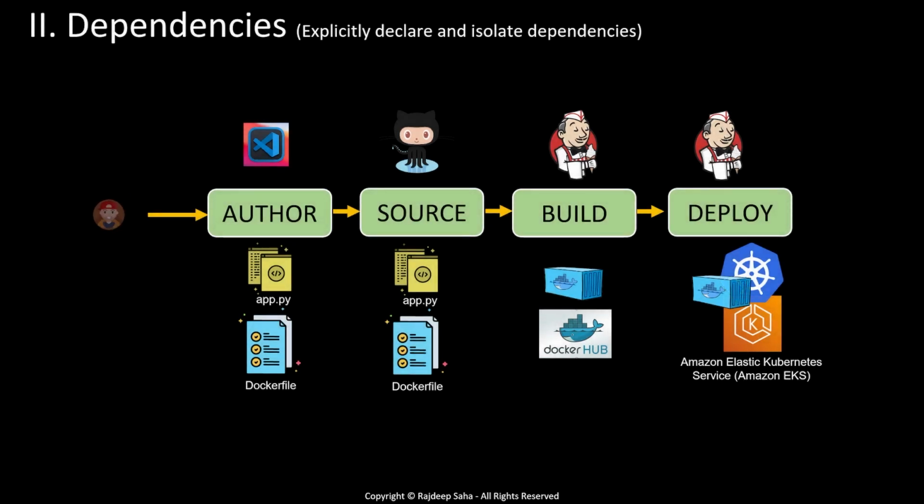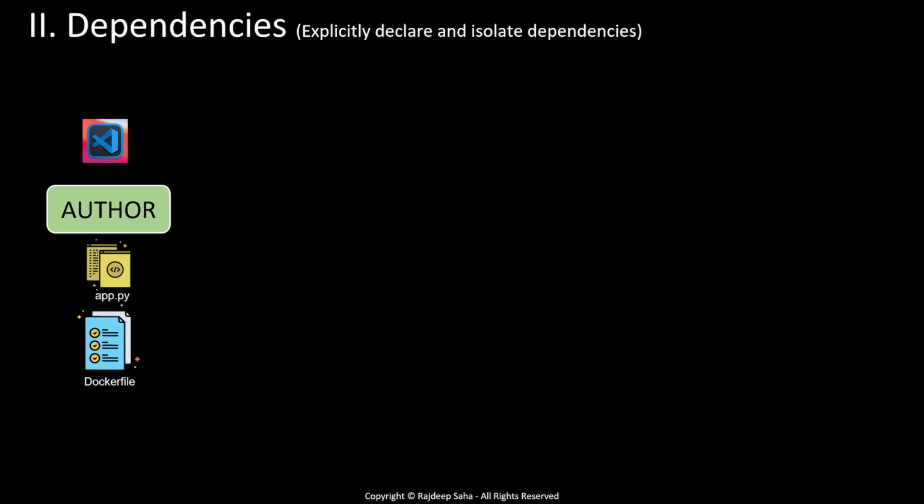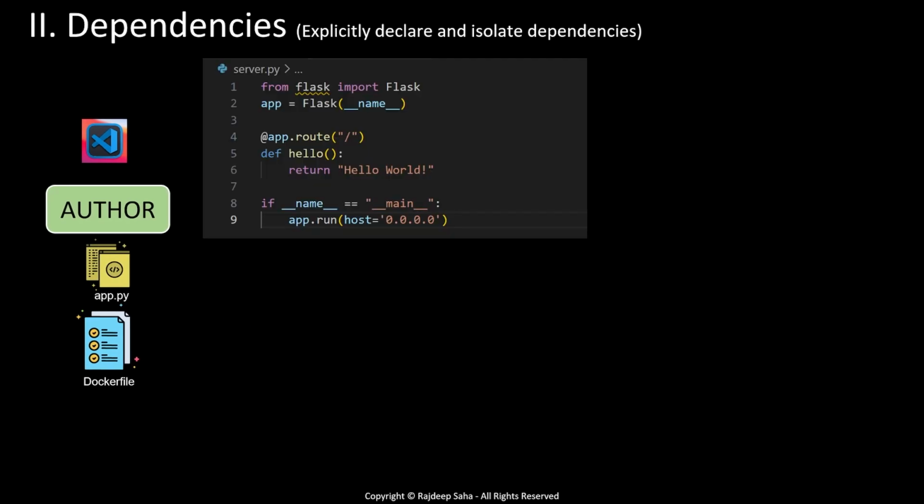So let's take a look at the second one, which helps you do that, which is Dependencies, which says explicitly declare and isolate dependencies. If we take a look at sample code, let's say this is a Flask application. On the first line, it's saying from flask import Flask. Now, if you run this program in multiple environments, it will always take whatever Flask version is installed in that environment. That is not ideal because in your dev, you might have one Flask version.